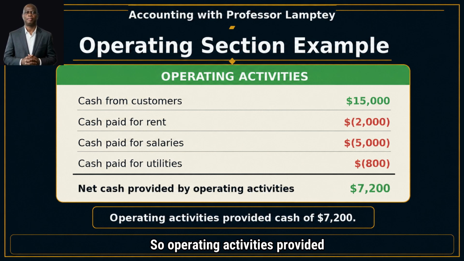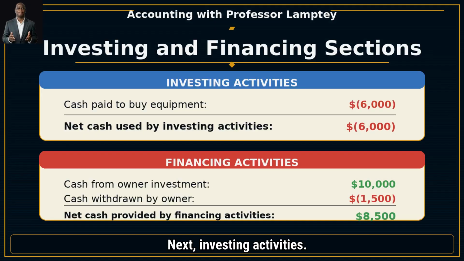So operating activities provided cash of $7,200. Next, investing activities. Cash paid to buy equipment, $6,000. That is an investing cash outflow.